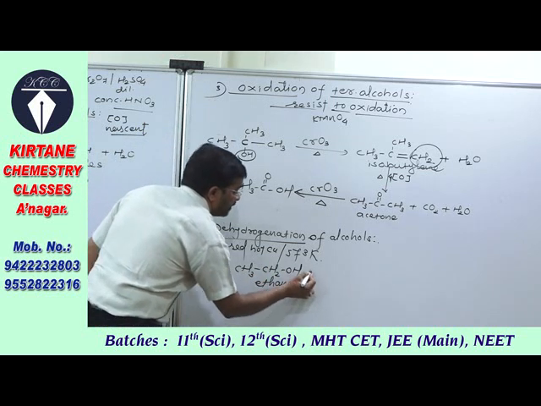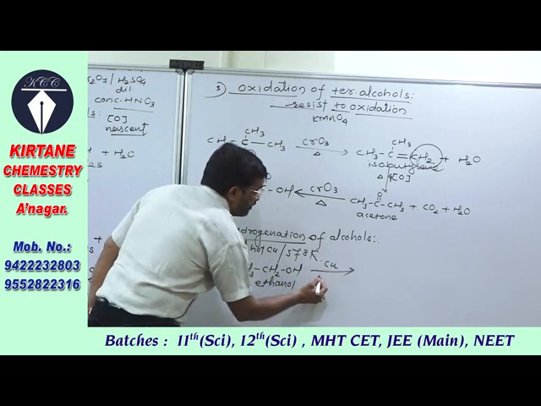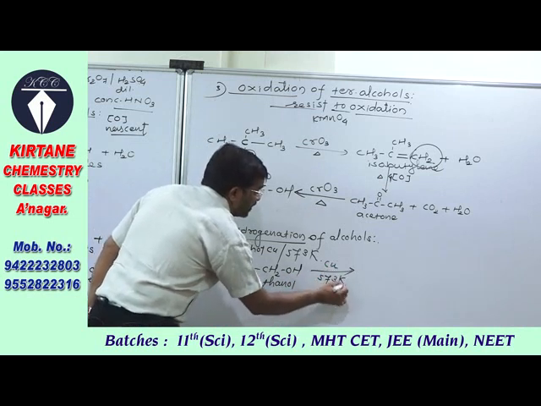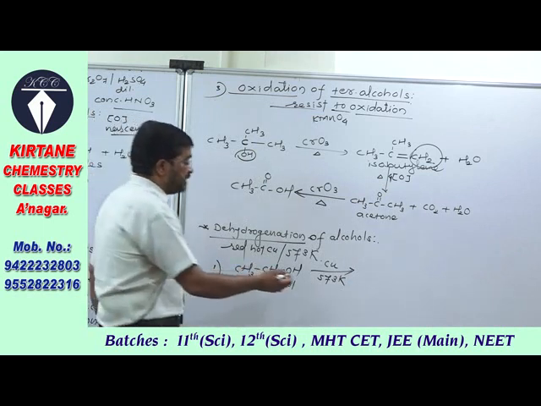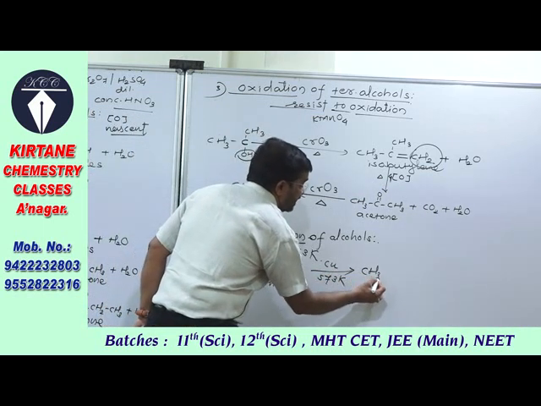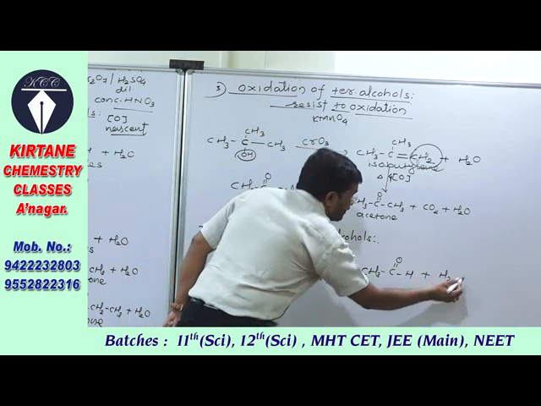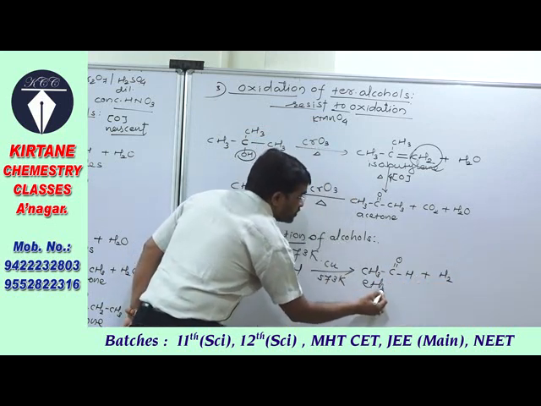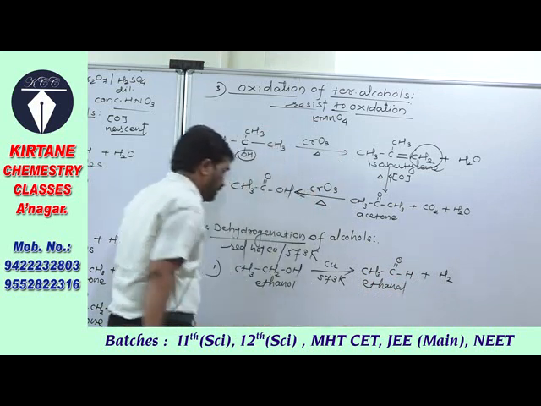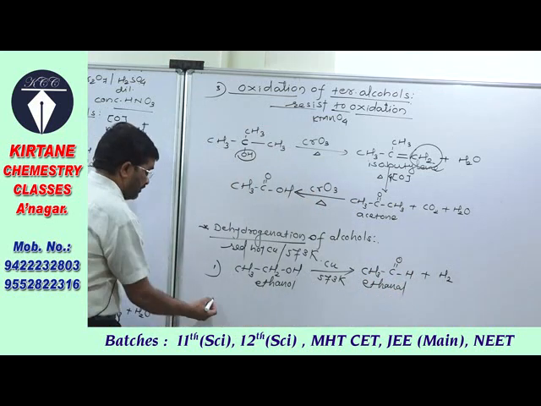When ethanol is heated with red hot copper at 573 Kelvin, then it forms acetaldehyde and H2.